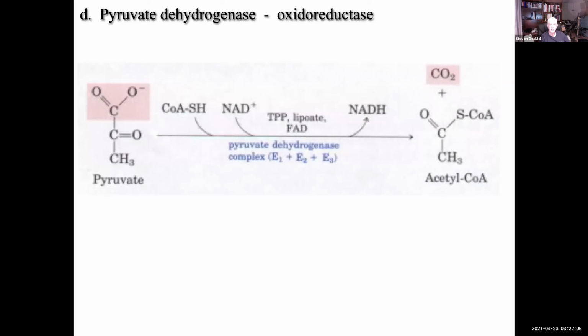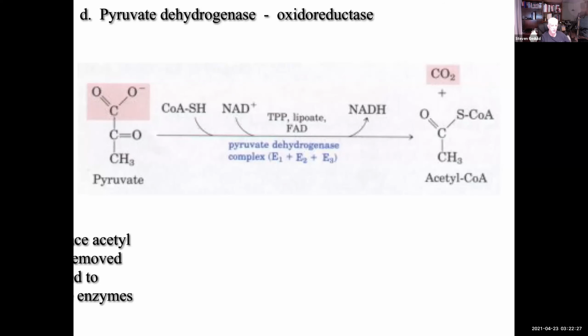Pyruvate dehydrogenase, an oxidoreductase. Okay, it's a reduction oxidation reaction. So pyruvate goes to acetyl coenzyme A. And you see NAD plus goes to NADH, and that has been reduced. And the pyruvate has been oxidized.